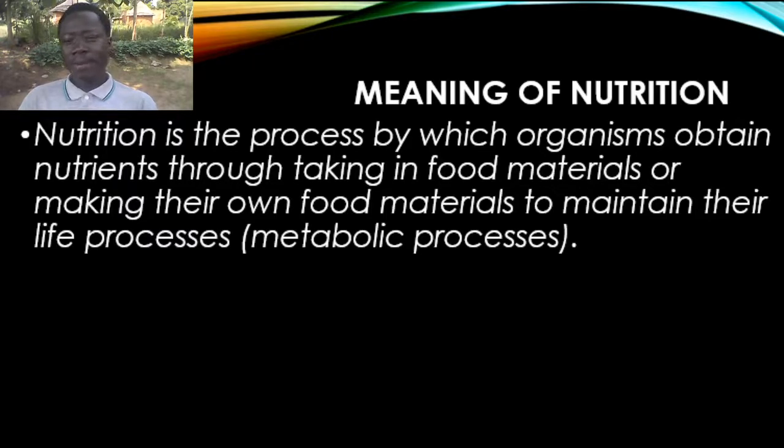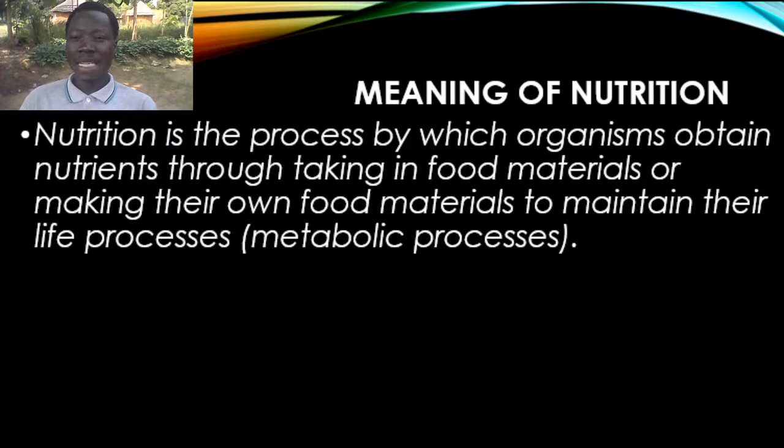Now, in the definition, you should take note of key things. One is that nutrition is a process in the body of living organisms, and this process is very important in obtaining nutrients, which are abstracted from the food that we eat.